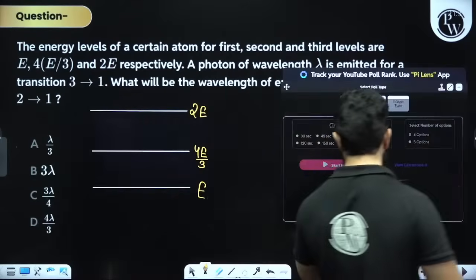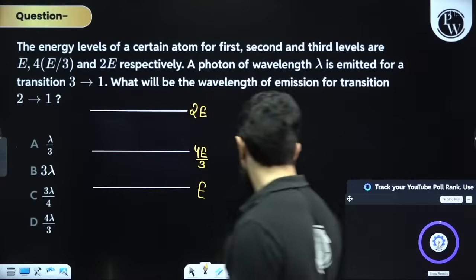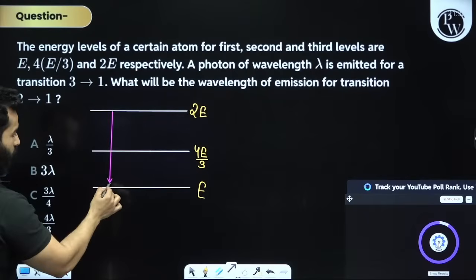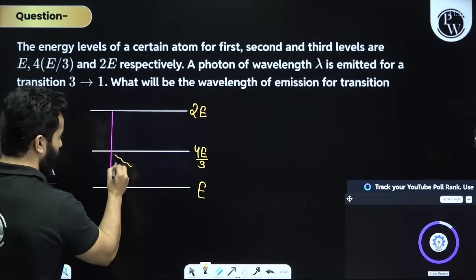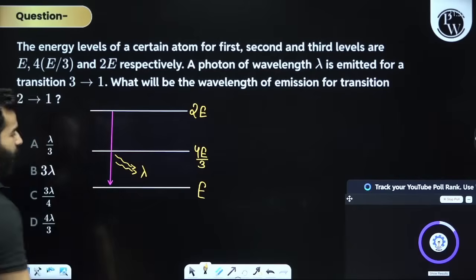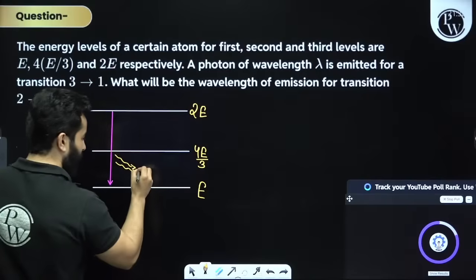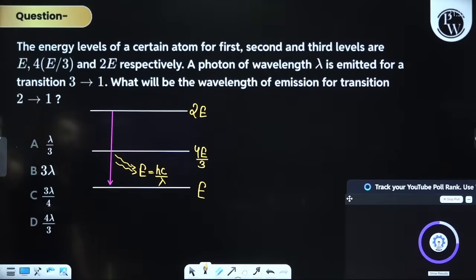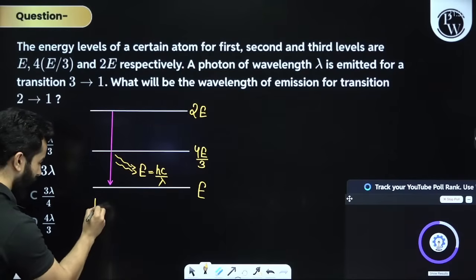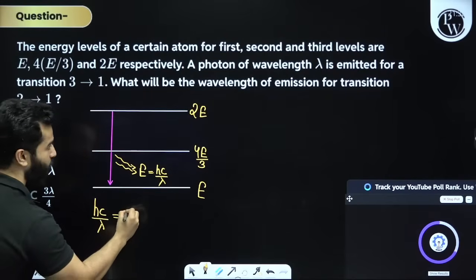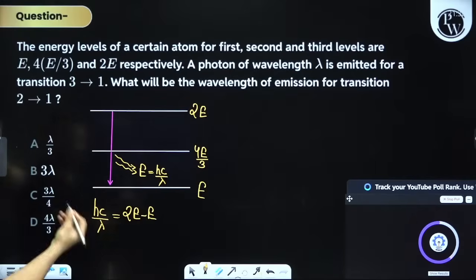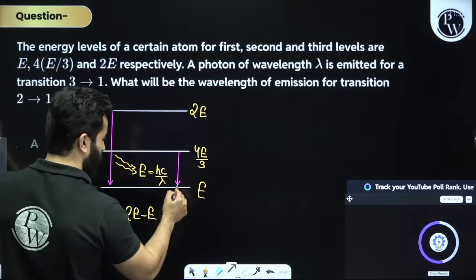Timer on, 60 seconds. Let's start. A photon of wavelength lambda is emitted from 3 to 1. That means energy is hc by lambda, which will be equal to 2E minus E, that is E. And then they are asking what will be the wavelength of emission from 2 to 1.